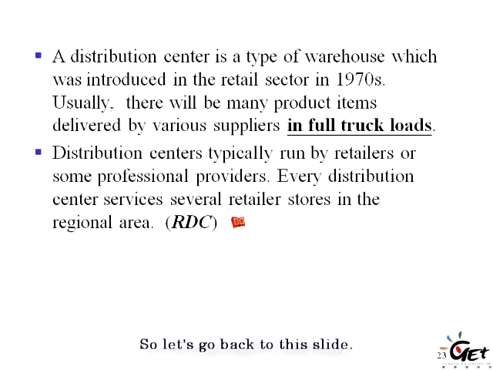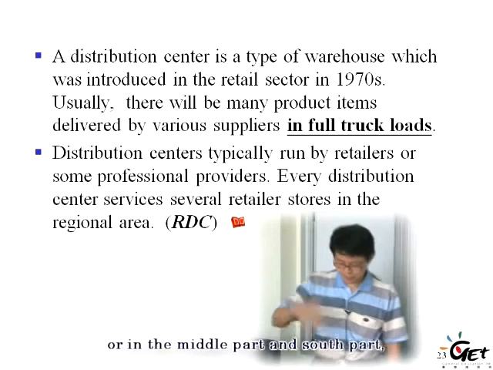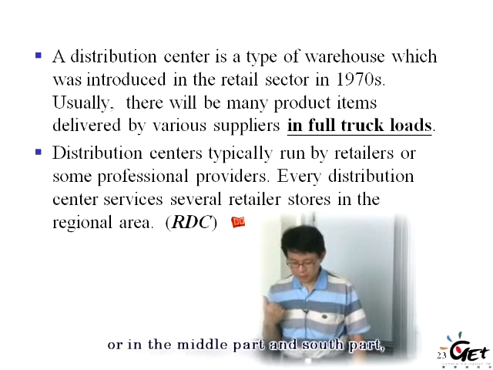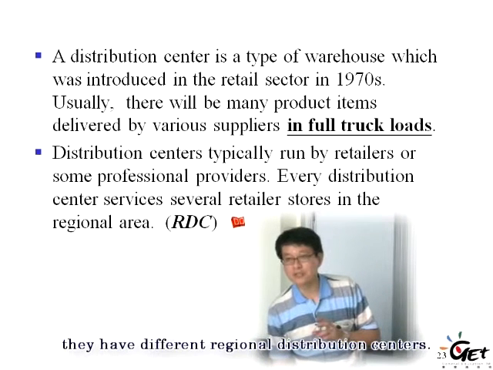So let's go back to this slide. At the national level, we may have a distribution center, but in different regions, like in the United States, maybe the east coast, west coast, the middle part or the southern part, they may have different regional distribution centers.